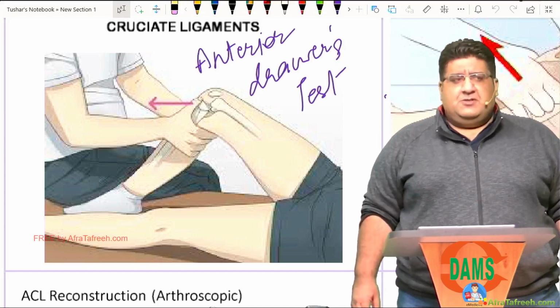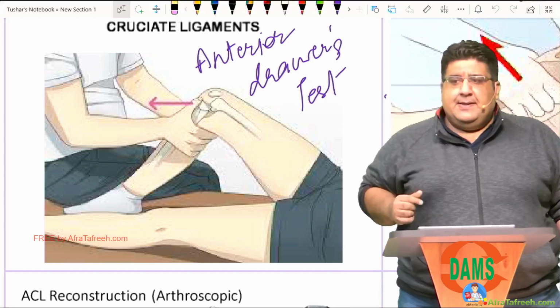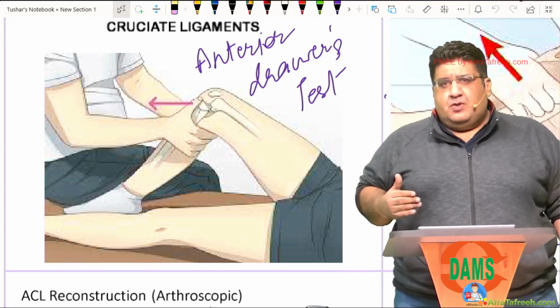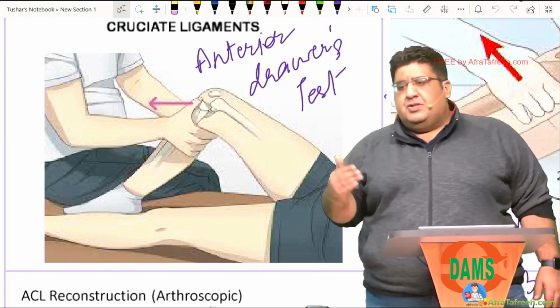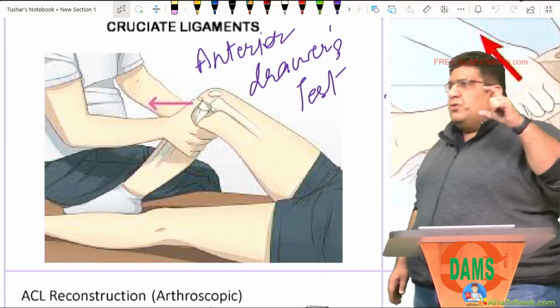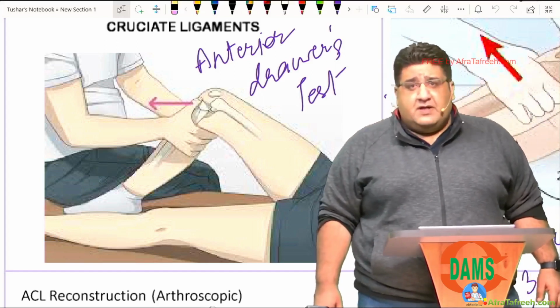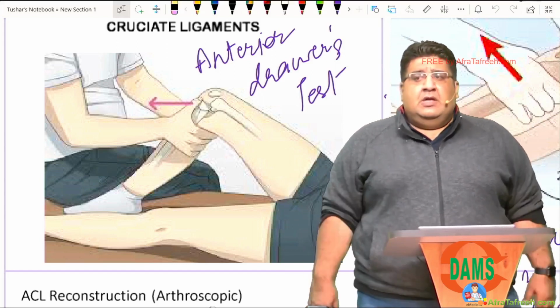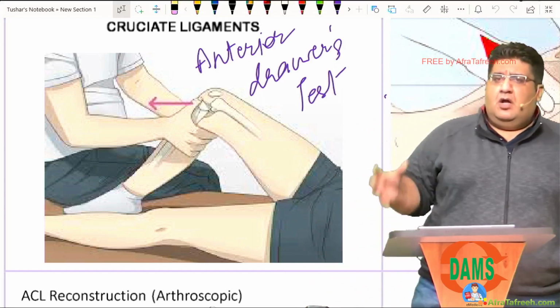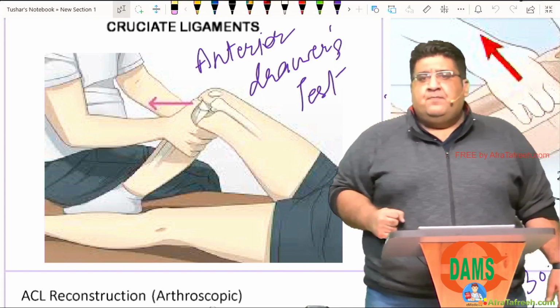Now friends, if you have understood this, I want to talk to you about a very interesting and important concept. Please pay attention, everyone. Did I teach you that anterior cruciate ligament injury is the most common cause of hemarthrosis of knee? Yes.